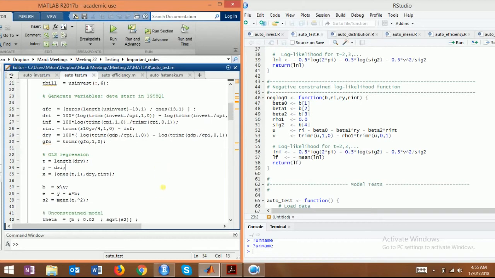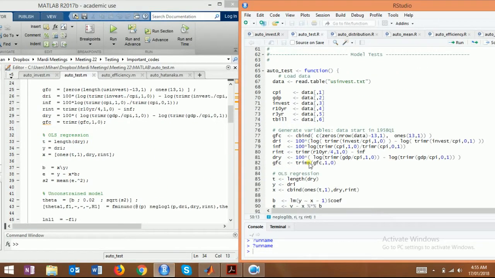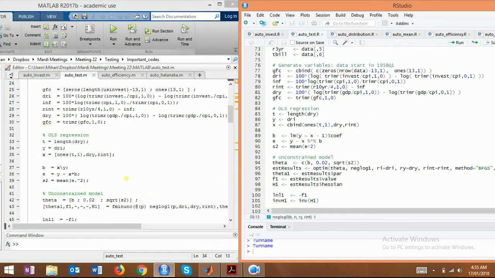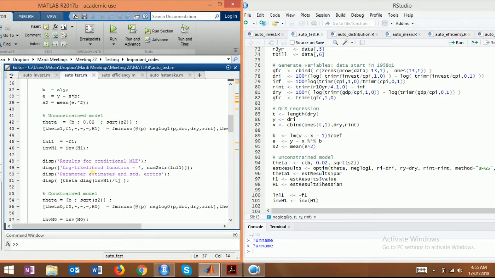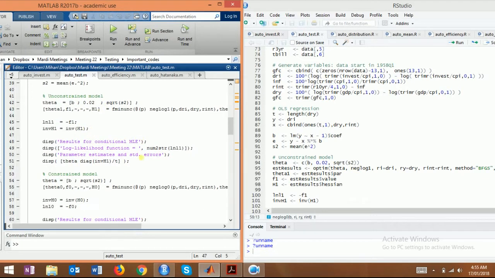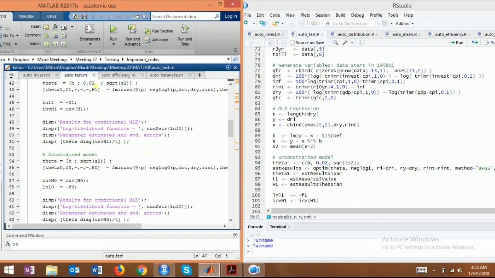We get the data, we do the OLS regression, so that we get the initial values that we can use for optimization. Estimating our parameters with the maximum likelihood estimator. So unconstrained. Now in the constraint model we don't have rho, which is not t equals 1, it starts from t greater than 2. So in the constraint model we don't have rho, that's all.